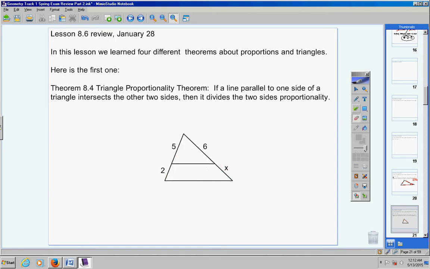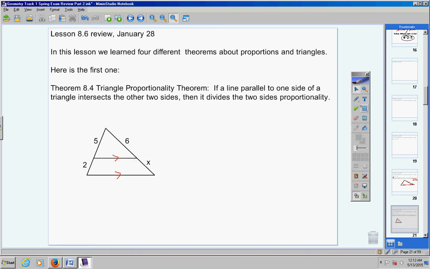So you might say, oh, Mr. Aaron, how do you set up your proportions? That's really not easy to see. Well, I'm glad you asked, and I will show that to you right now. There's many ways you can set up your proportions, okay? Watch this carefully. You can first of all say 5 over 2 equals 6 over x.